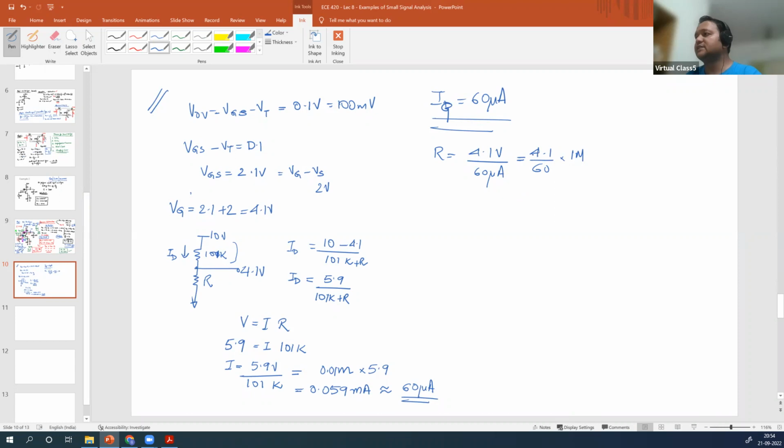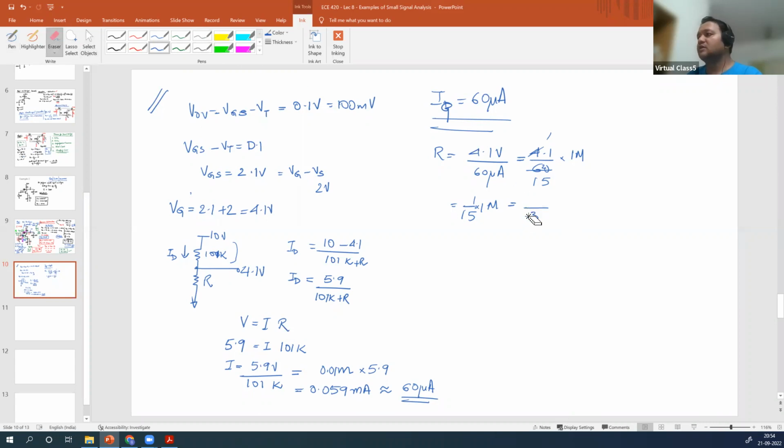So 4 by 6 approximate. 4 goes 1 times, 4 1 over 15 times. 1 over 15 into 1 mega ohm. How much does this value become? 0.2 by 3. Correct?